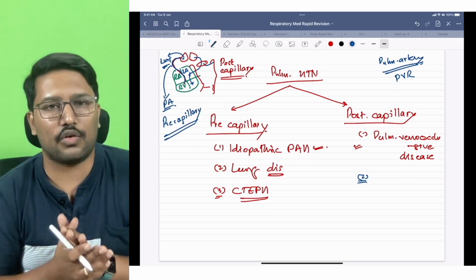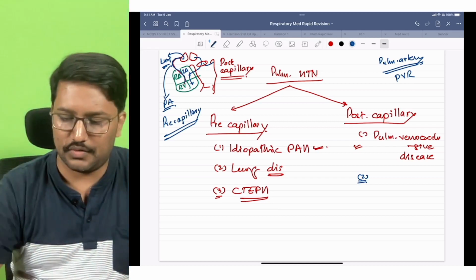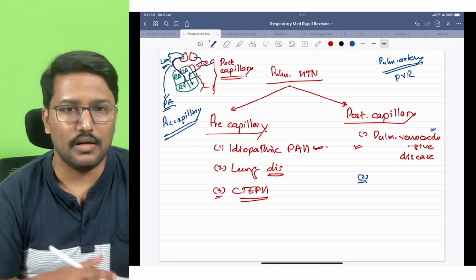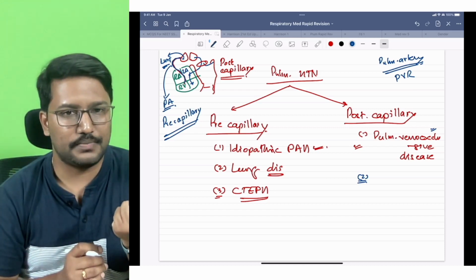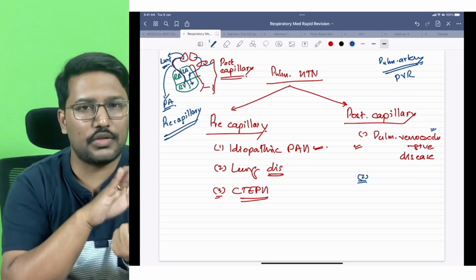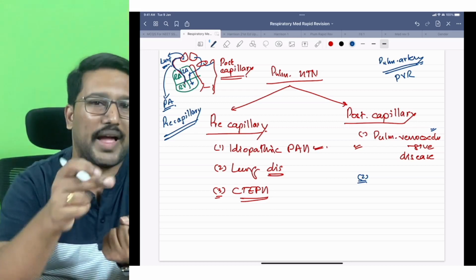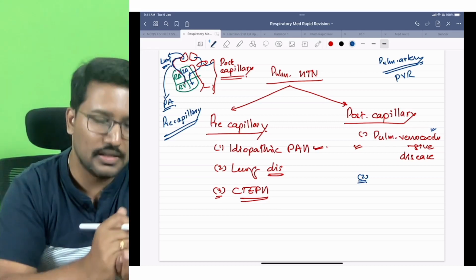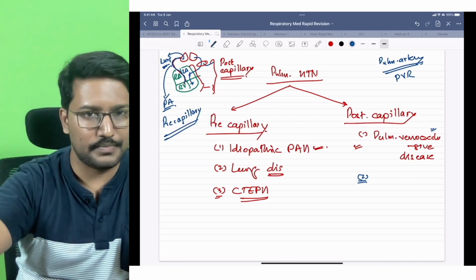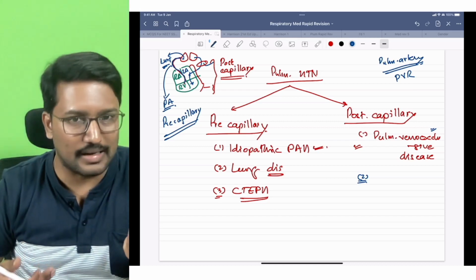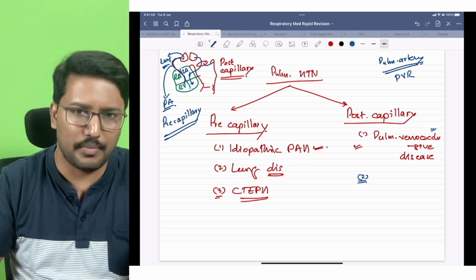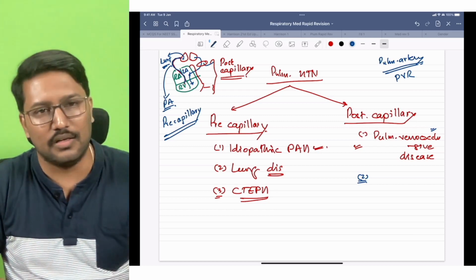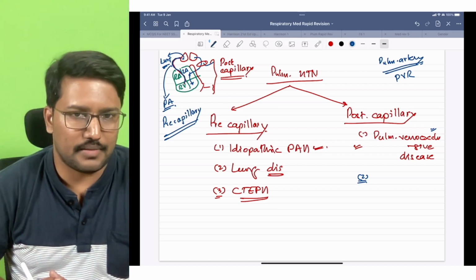For example, if I talk about pulmonary veno-occlusive disease. Now in pulmonary veno-occlusive disease, what is happening? Pulmonary veins are occluded, right? So because of the occlusion of the pulmonary veins, obviously there is back pressure, right? At the capillary meshwork, there is difficulty in forward flow of the blood. So there is increased pressure in the pulmonary artery, and the patient is being diagnosed as pulmonary hypertension because the mean pulmonary arterial pressure is elevated, right?